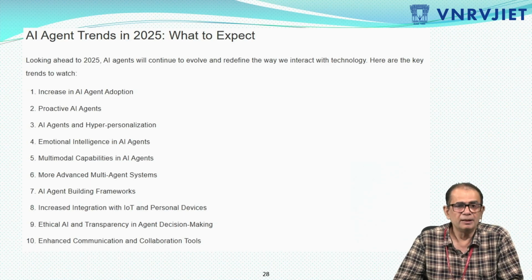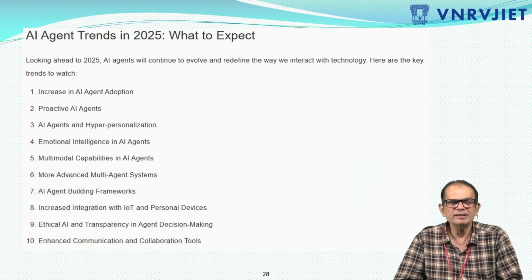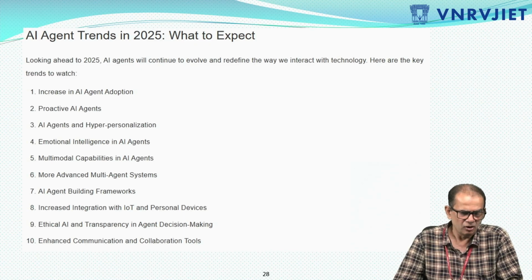We are having proactive AI agents, which means that as soon as the agents find out that some task needs to be accomplished or there is an issue, they will act on it immediately, so that we save time. Also, we are finding that a lot of multi-agents are there. We may need a particular agent, we may also need a second agent.